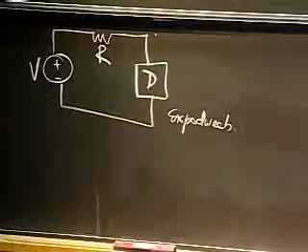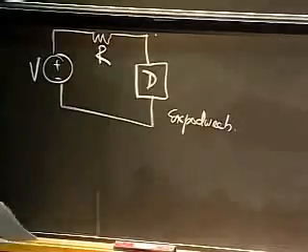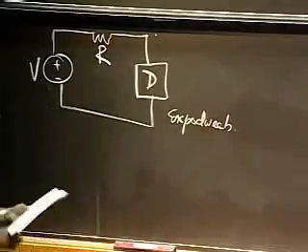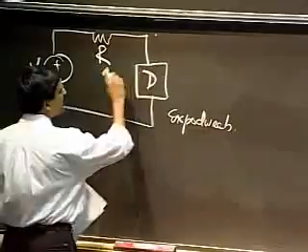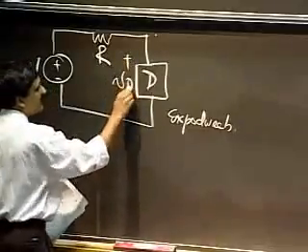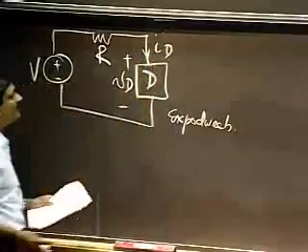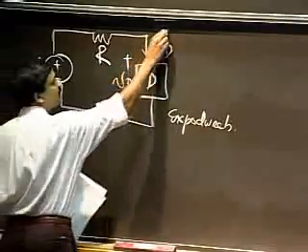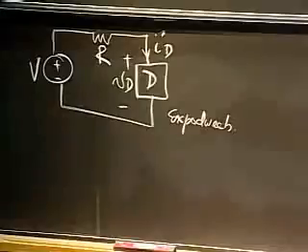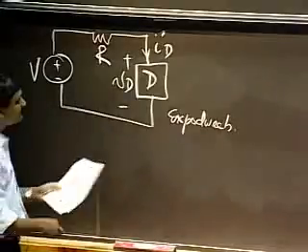Purposely chosen a funky name because this is a fictitious device. And let me write down the associated variables for this device as follows. ID is the current flowing into this terminal, and VD is the voltage across this device.